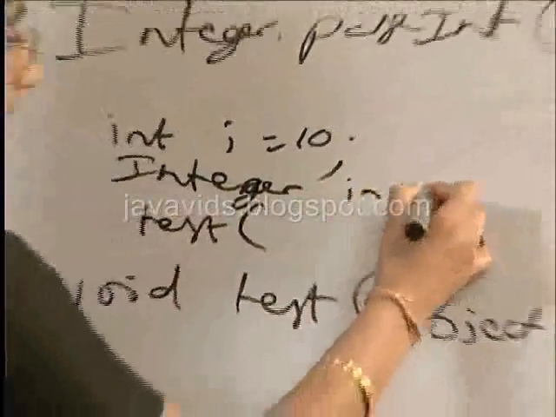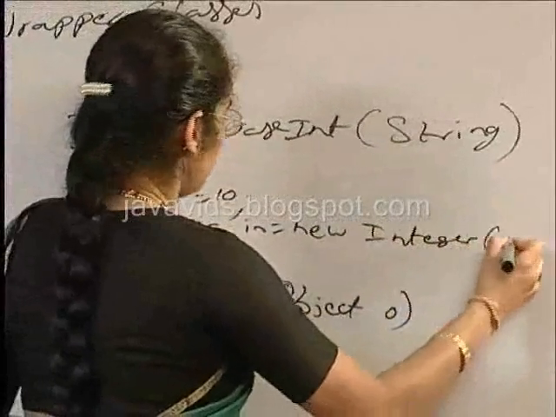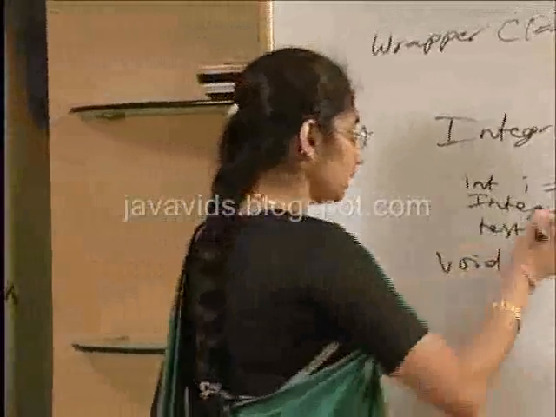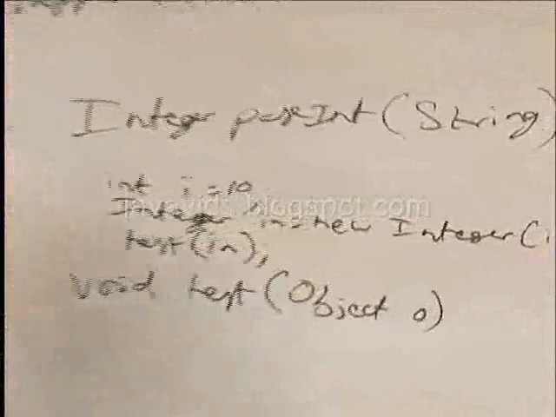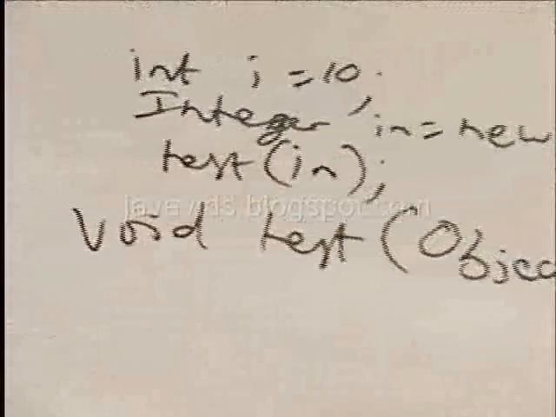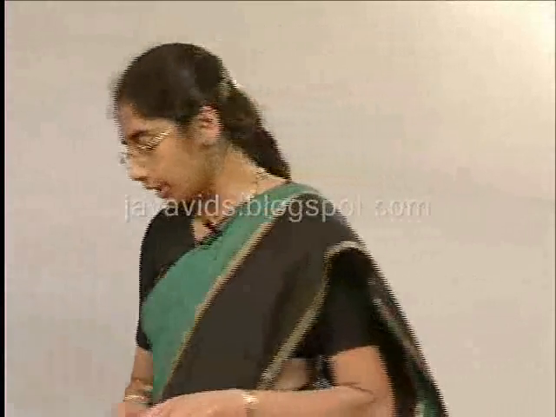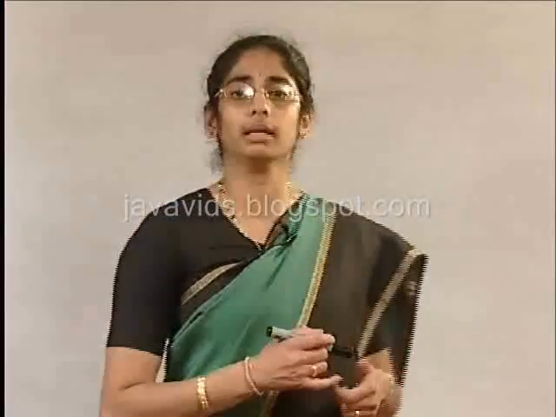So Integer n is equal to new Integer of i. Pass the primitive data type variable and then pass the Integer object as parameter to the test method. So these are the two reasons why we require wrapper classes. So we have covered some of the important classes in the Lang package, like the object class, the class class, system class, string buffer, and wrapper classes.